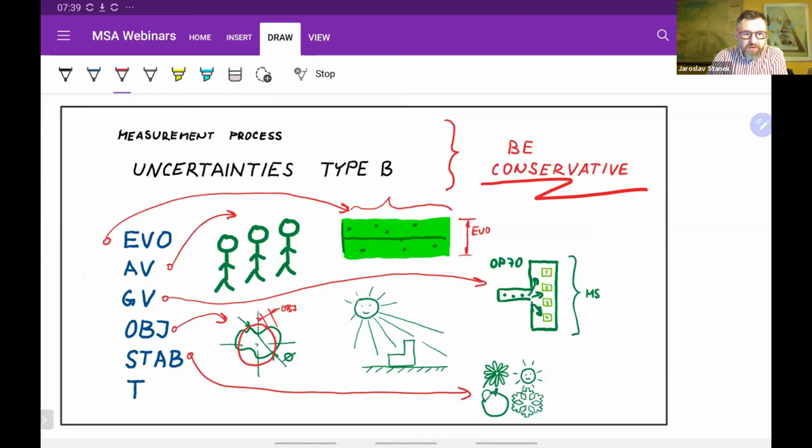If we don't have prior knowledge, we are stuck with an expert opinion. And we can possibly get the prior knowledge from the previous calibration report of the measuring device. So if the device already has some history of calibration, then the difference between the individual calibrations is what is meant to be the stability.